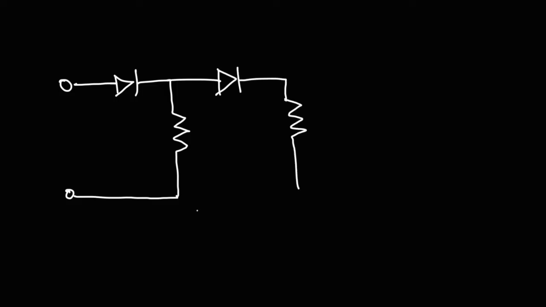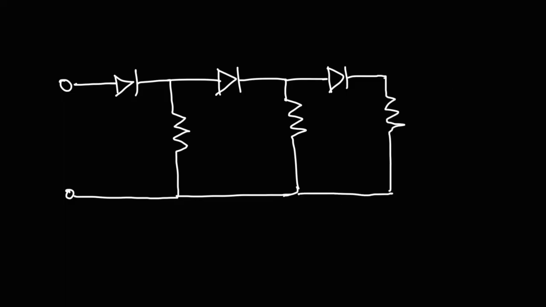So I'm going to take a moment to draw this circuit. And we're going to use the same 4 LEDs. Each resistor is going to have the same value. We're going to use a 1K resistor.